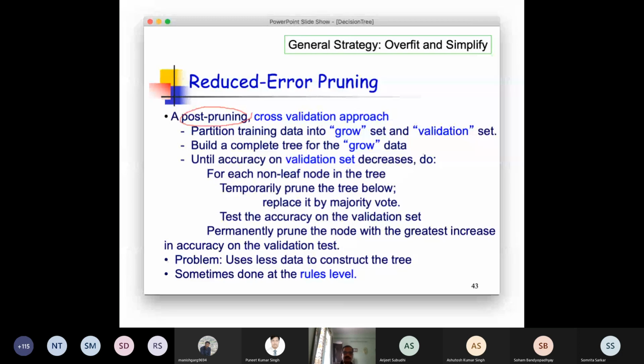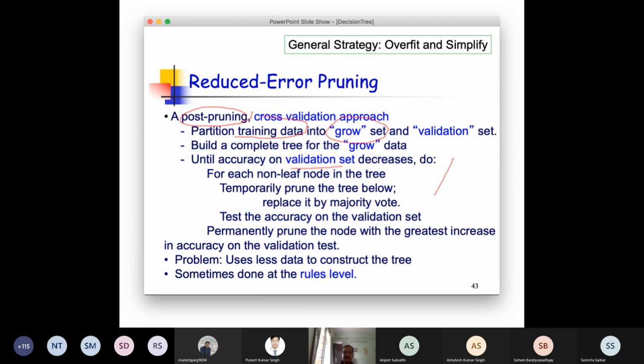Because whatever you are doing, after pruning you are checking the accuracy. There is a validation set on which you are checking the accuracy. In the training data, there is a grow set on which you have developed the tree.